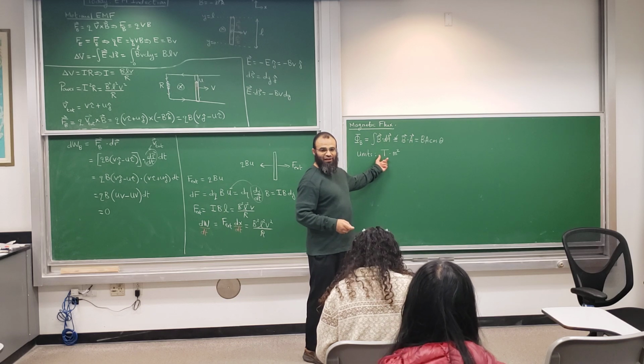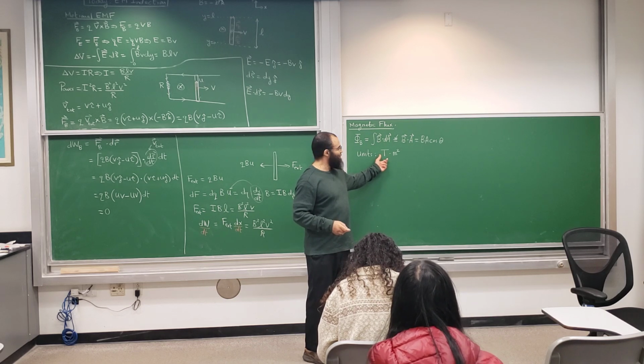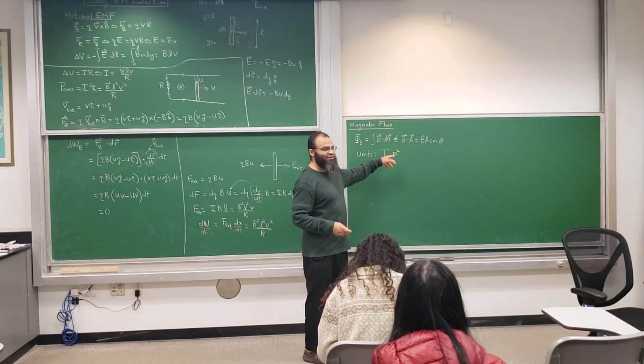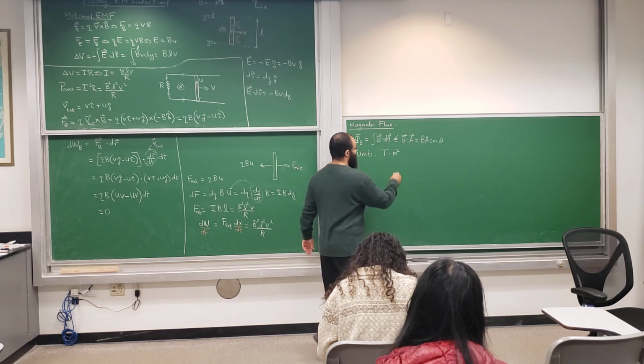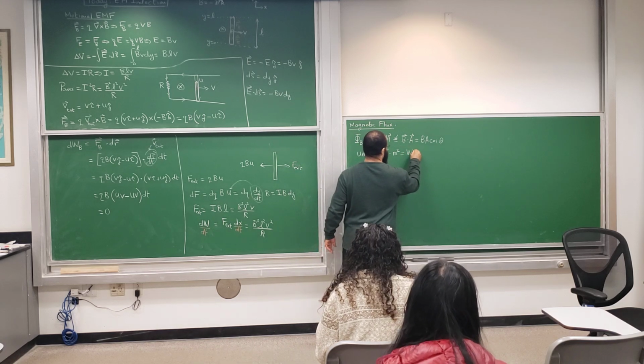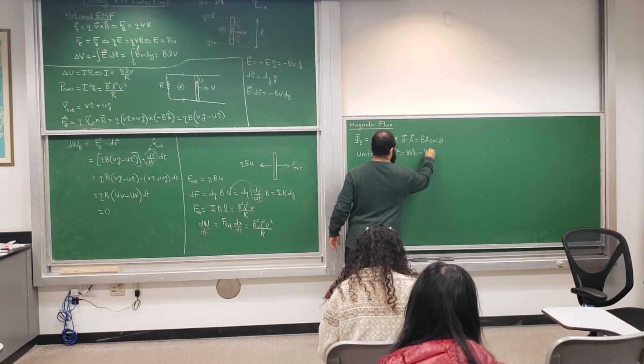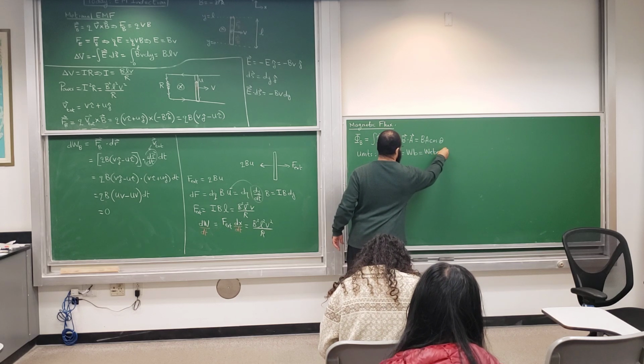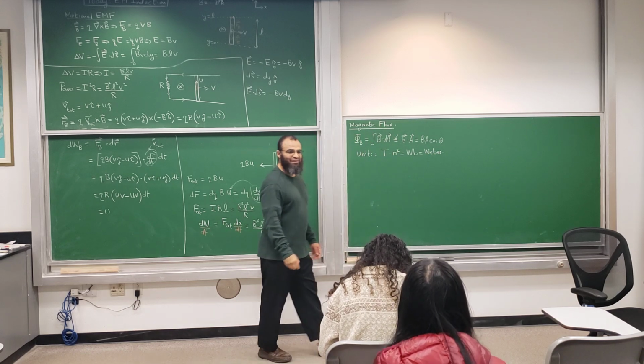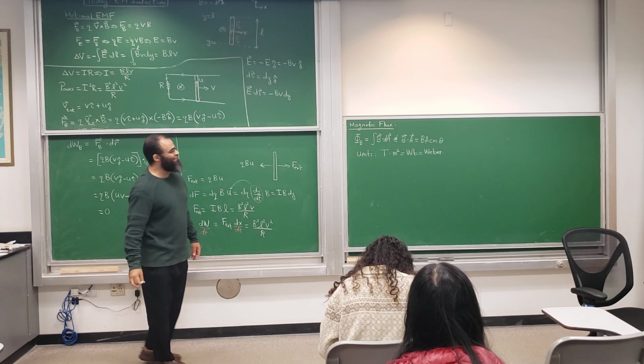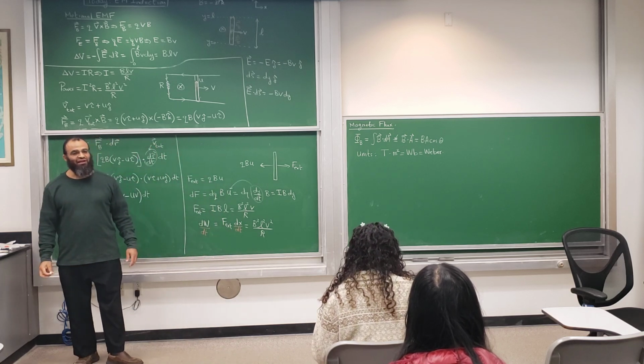It was again electric field units, newtons per coulomb times meters squared. In this case, they actually have a name for it. It's called the Weber, WB. So that's the magnetic flux.